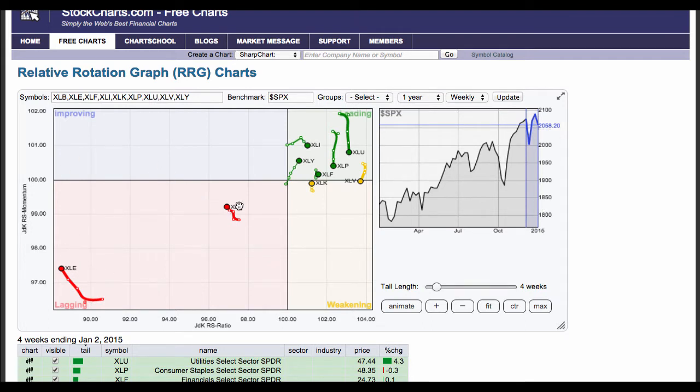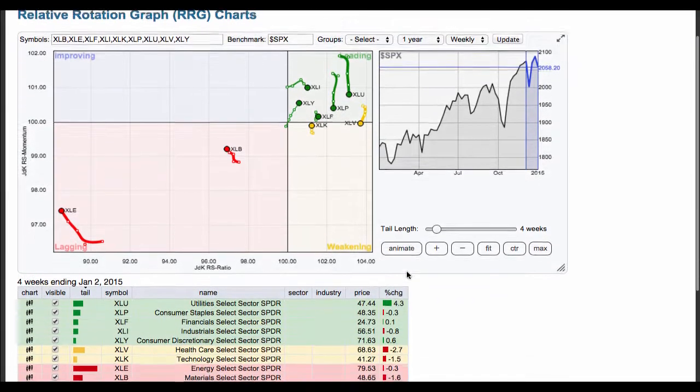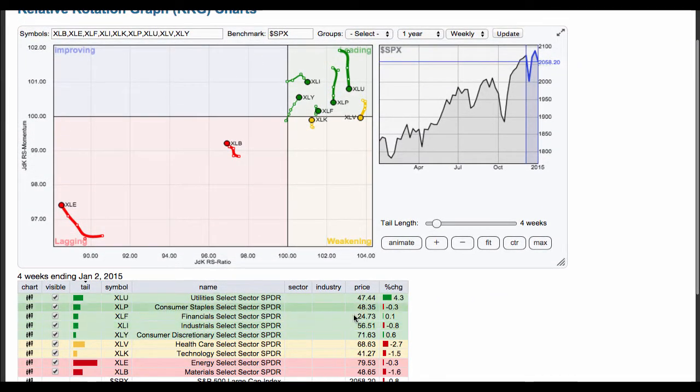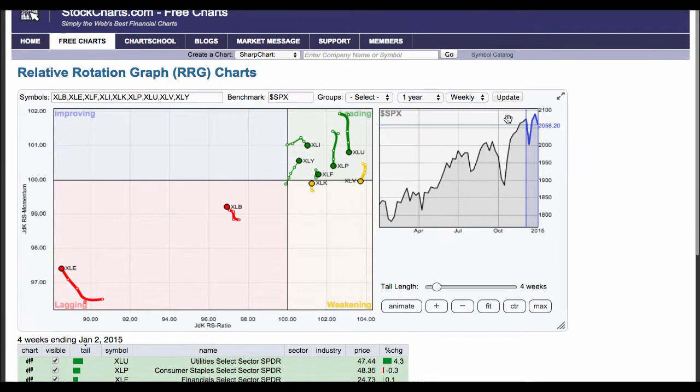XLB is starting to improve, and these sectors continue to lead in terms of sector performance. We can also look at Friday, the percent change, and ranking. So what we'll be looking at is the energy sector and XLU for setups going into this week.